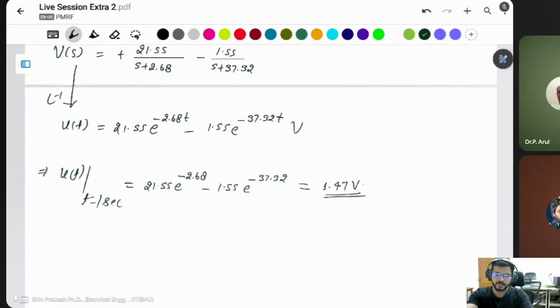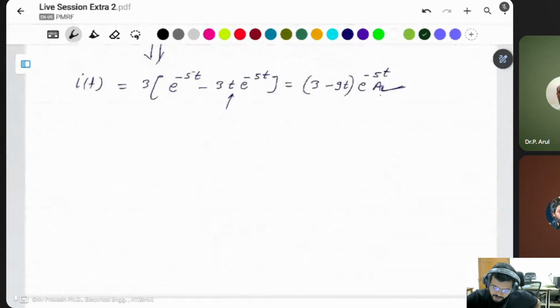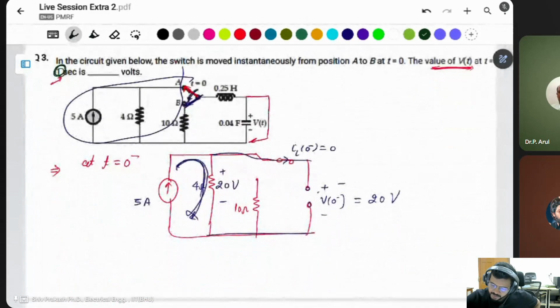Okay, this type of question is very lengthy, but if you know the concept of solving this question, then you can go step by step and find the final answer. It looks lengthy, but if you just follow step by step, simply find the initial voltage of the capacitor.